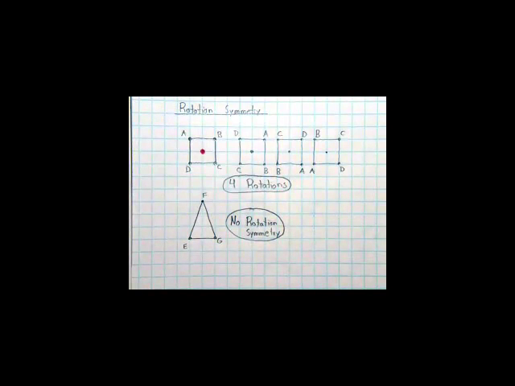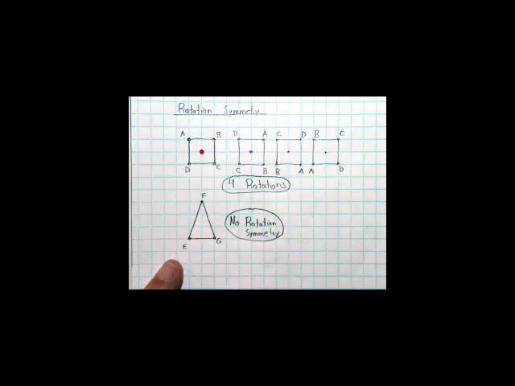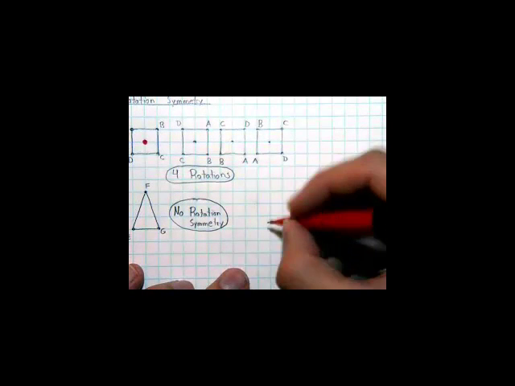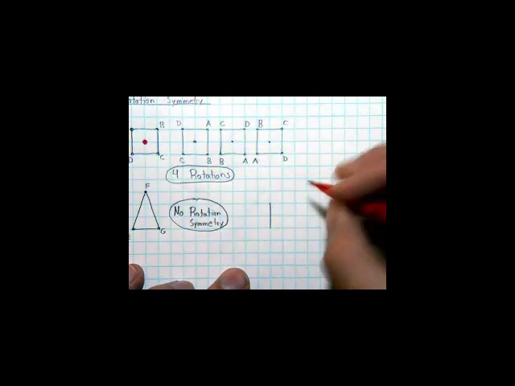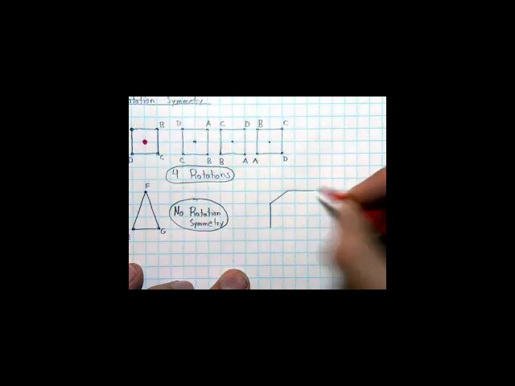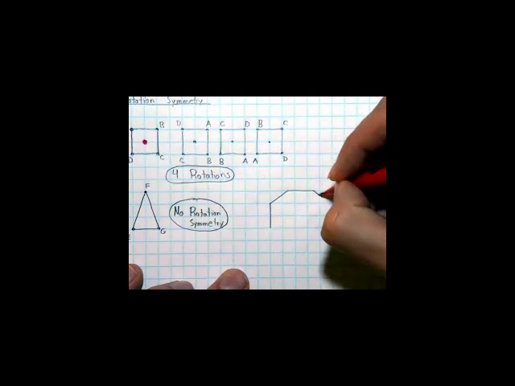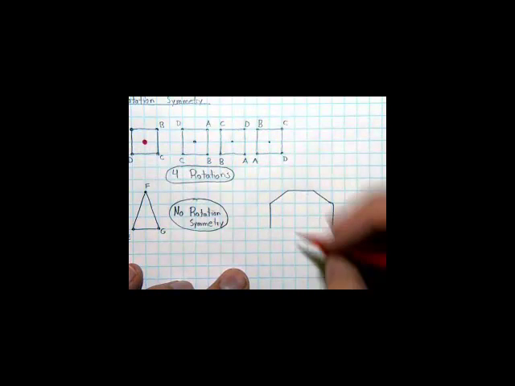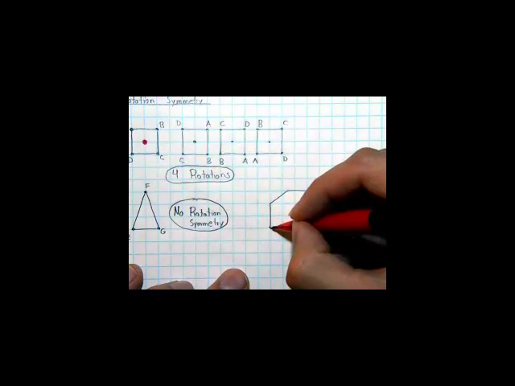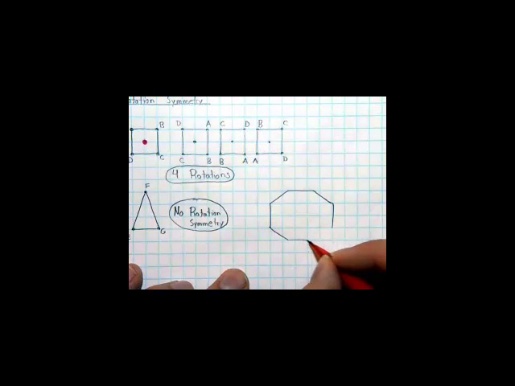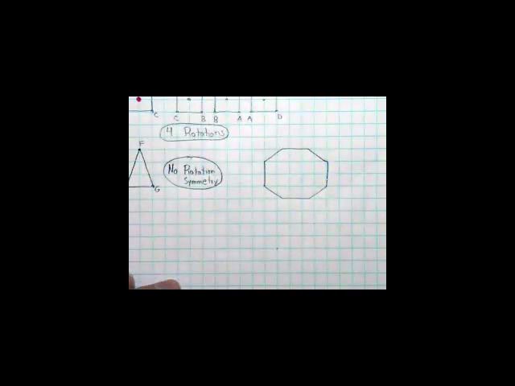Okay, how about... Now this one, you have to assume that this is a regular polygon. So I'm not entirely certain that this is, but... Okay, so like it's like a stop sign or whatever.